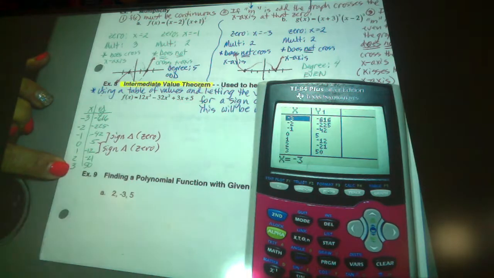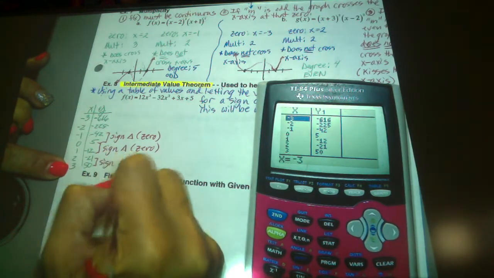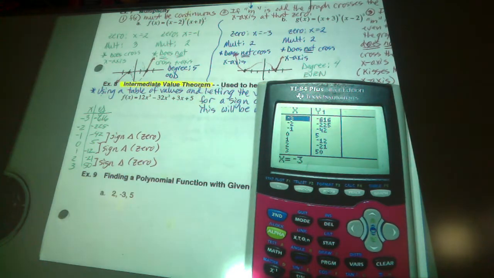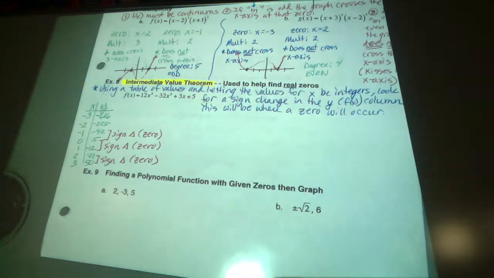What happened? Sign change. So if I had gotten a third sign change, I would probably go out to 4, and then 5, and see what's happening. Is it consecutively getting bigger and bigger and bigger? So it doesn't seem like we're ever going to get smaller. Or do I need to go in the opposite direction here and go smaller at negative 4? But you know how many zeros you should be capturing.